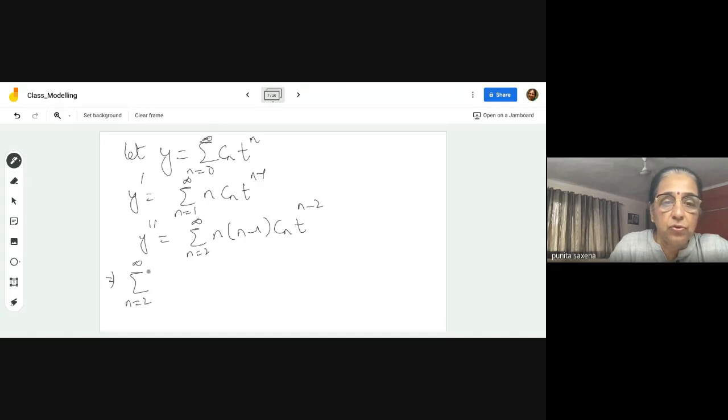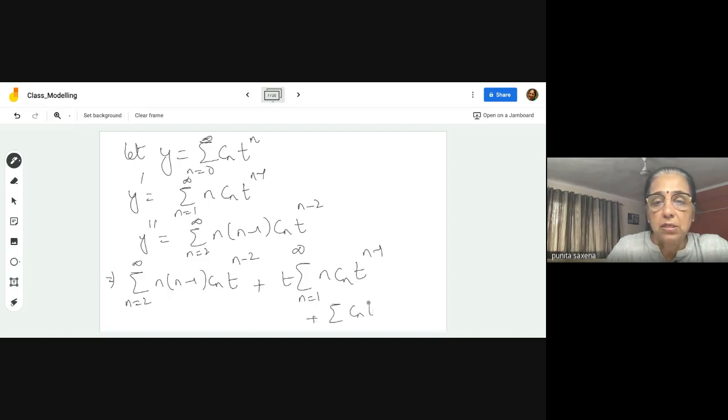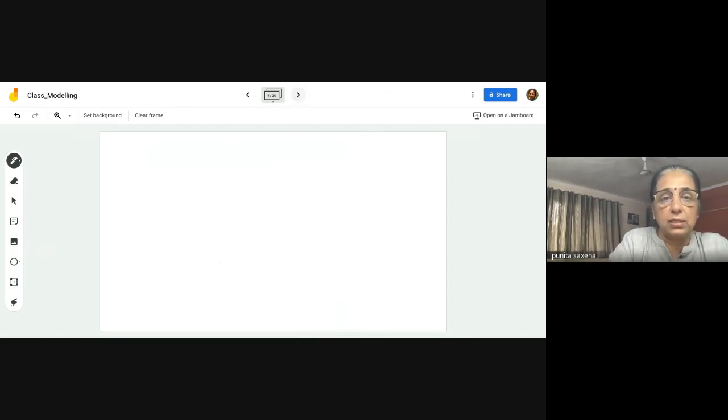So summation n from 2 to infinity, (n minus 1) c_n t^(n minus 2), plus t times summation n c_n t^(n minus 1), n from 1 to infinity, plus summation c_n t^n from 0 to infinity, equal to 0. Okay. Now again, maybe I'll just tell you quickly how to do this.